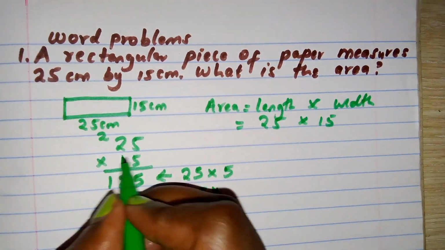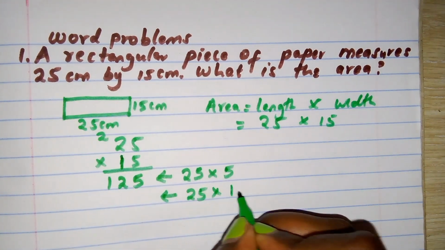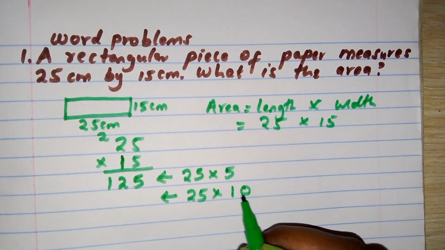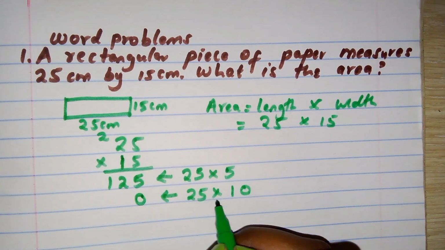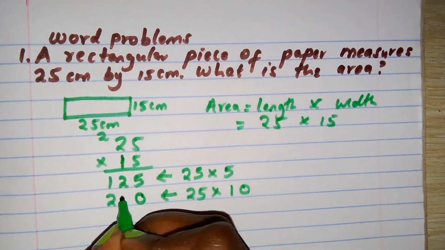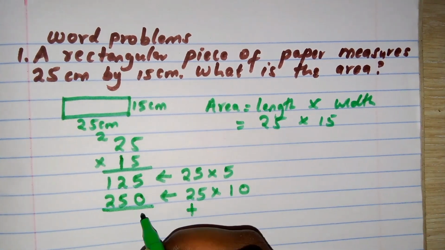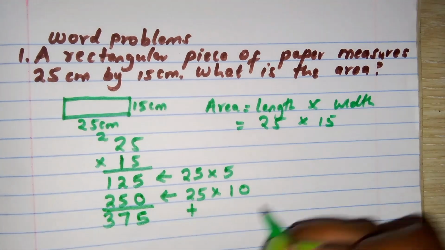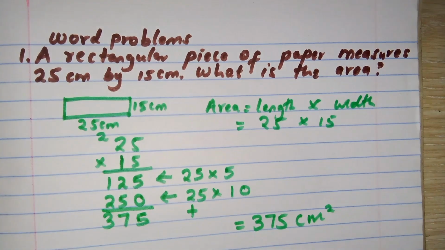This is in tens place value, so the total value of 1 will be 10. So remember, when you multiply with the number ending with a 0, you can write the 0 here, and then 25 times 1 is just 25. Okay, then the last step is you add them. So 5 and then 7, 3. So the answer would be 375 centimeters squared.